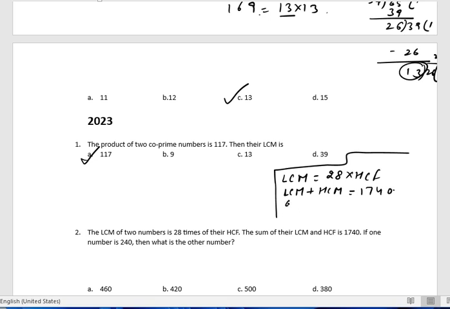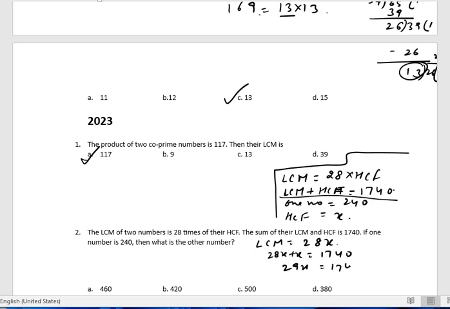One number is 240. We have to find the other number, but before that we need to find out HCF. So let HCF equal x. So LCM will become 28x. We know that the sum of LCM plus HCF is 1740. So 28x plus x equals 1740. 29x equals 1740.